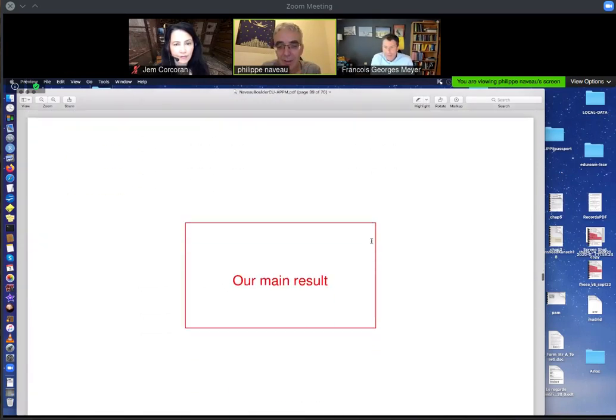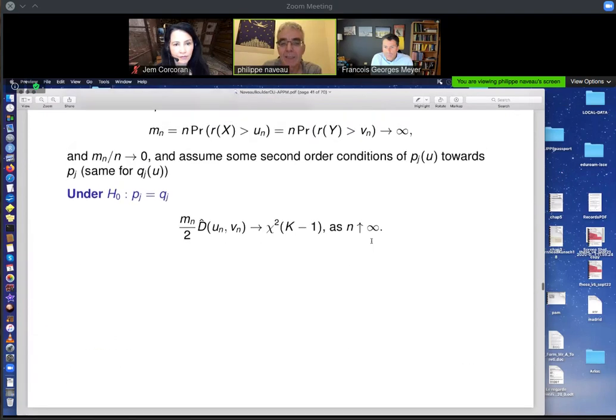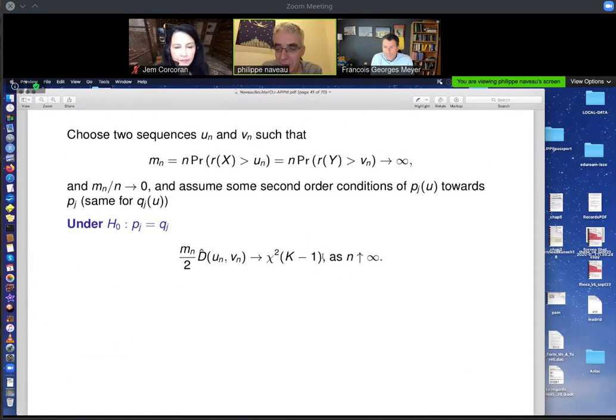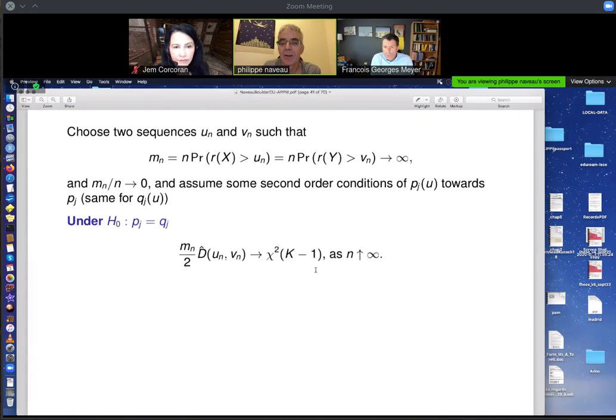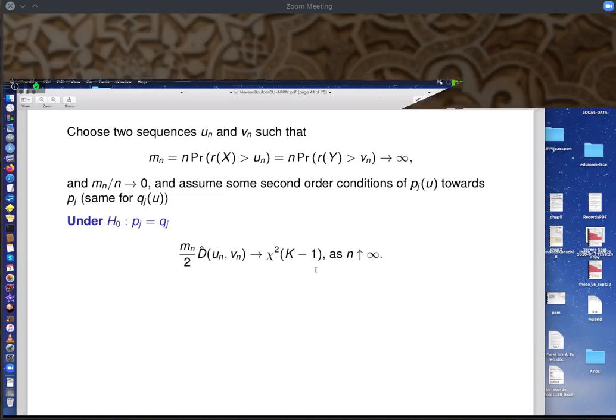If you look at this convergence in distribution here, when you fix the sets, let's say I fix the sets A1, A2, and A3, and then you count, it's counterintuitive, but it's a bit like a Poisson aspect.